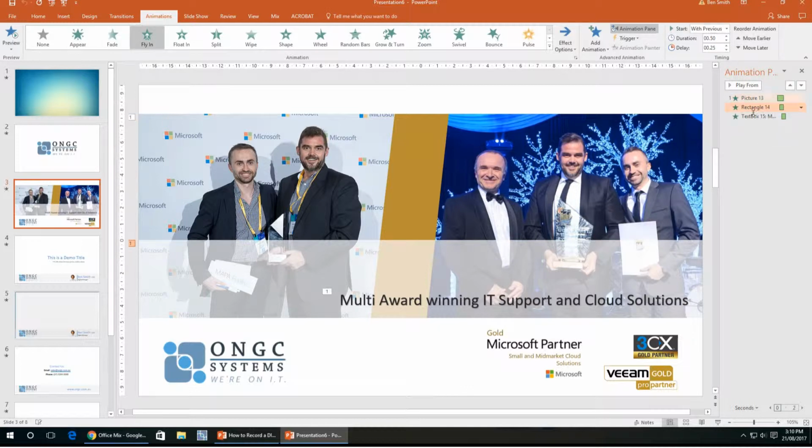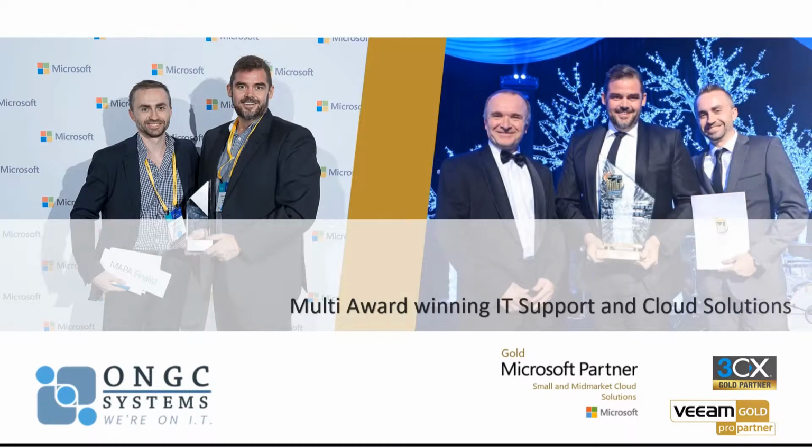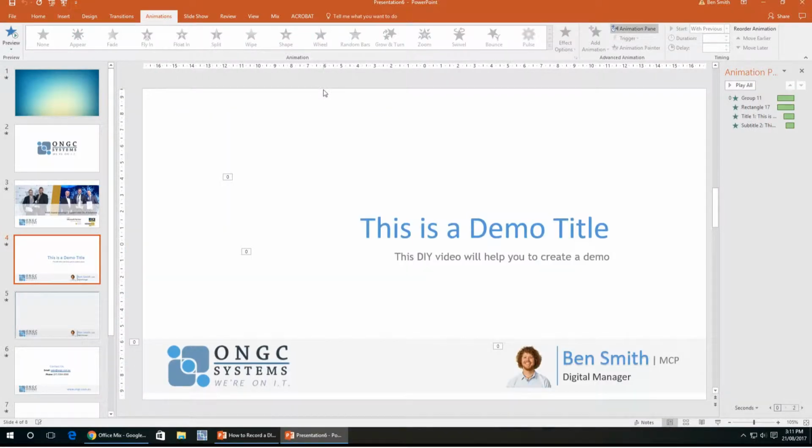The next one you want with previous or after previous, and then you've got duration, speed and delays on when it's going to start, and that way it will automate and go through without clicks. So if we just play this slide, it's got the fade ins, the automation, I haven't clicked, and it's moved into the next slide as well. So I haven't clicked on any buttons or mouse to get it to slide automatically.